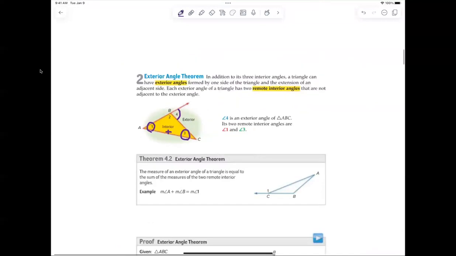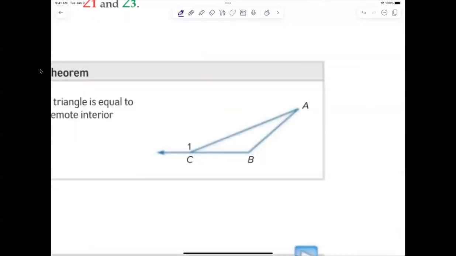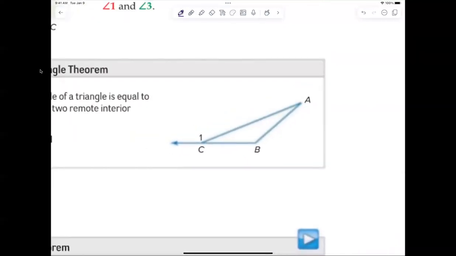Now, how do we prove that? Simply. Let's look at this real quick. The angles of a triangle we now know add up to what? So this angle plus this angle plus this angle add up to what? Now, what is true about these two angles right here? They equal 180. That is correct.